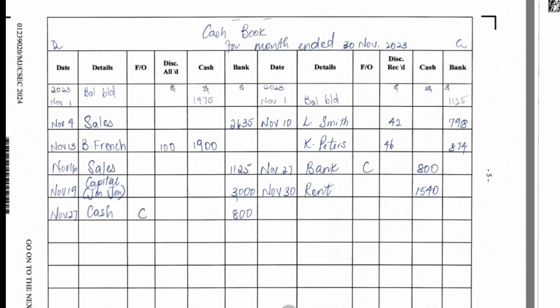Alright, so we have to get our balance carried down. So let's balance. So this is 100. 1900 plus 1475 is 3,375. 2635 plus 1125 plus 3800, 7,560.